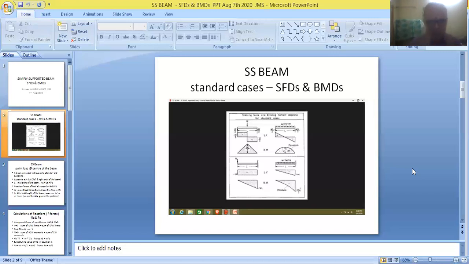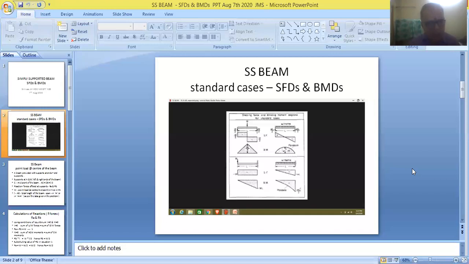So considering a section, taking the forces on the right hand side of the section, preparing the equations, fixing limits for each and every portion and substituting these values in the main equation, ultimately we get the values of shear forces and bending moments at different portions or at different points in the beam.